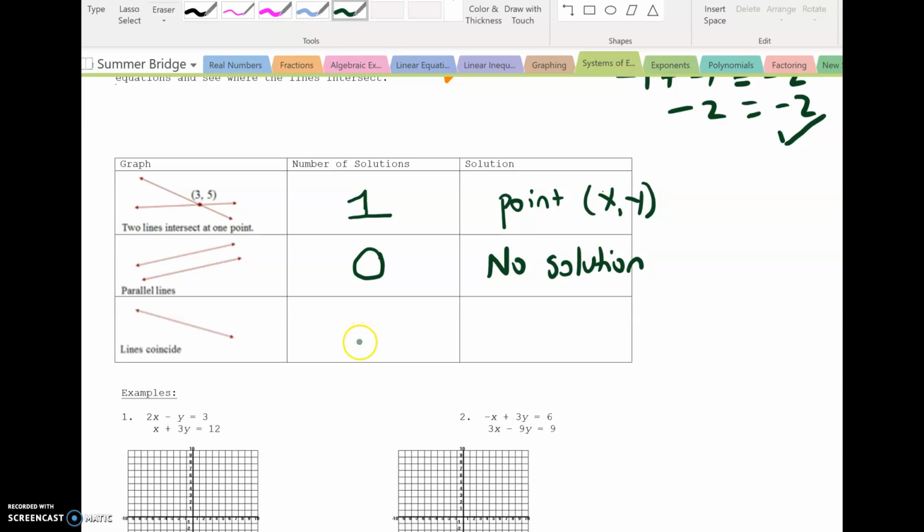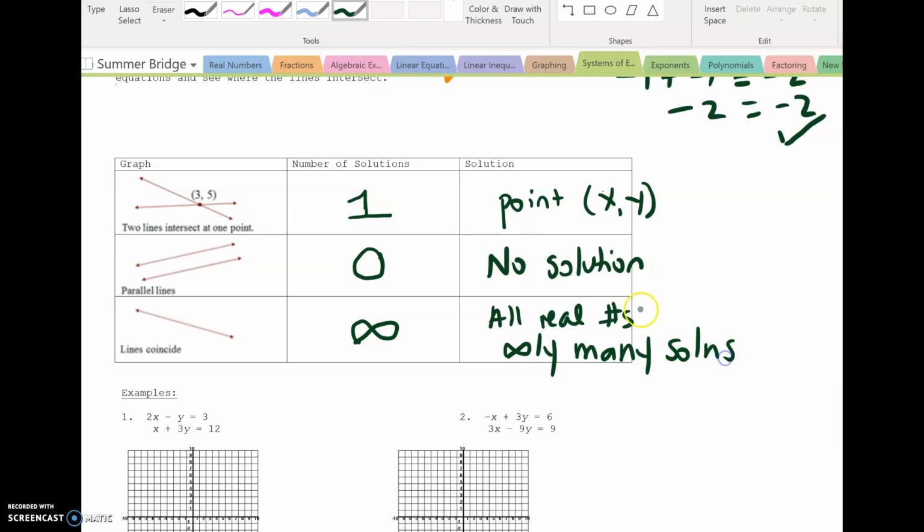The number of solutions that you could have is an infinite amount. So what you would write here is all real numbers. You could say infinitely many solutions. You could say either of those things. Okay?